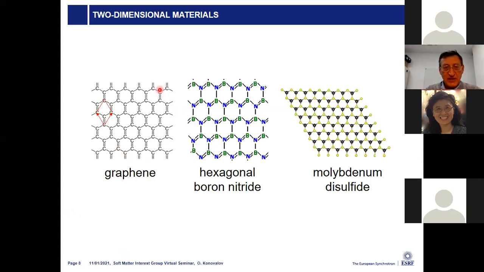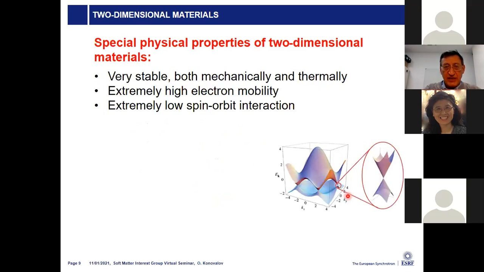This is a honeycomb structure of carbons with a thickness of one carbon layer, but this structure can also be built with, for example, two types of atoms, and then this is known as hexagonal boron nitride or molybdenum disulfide.